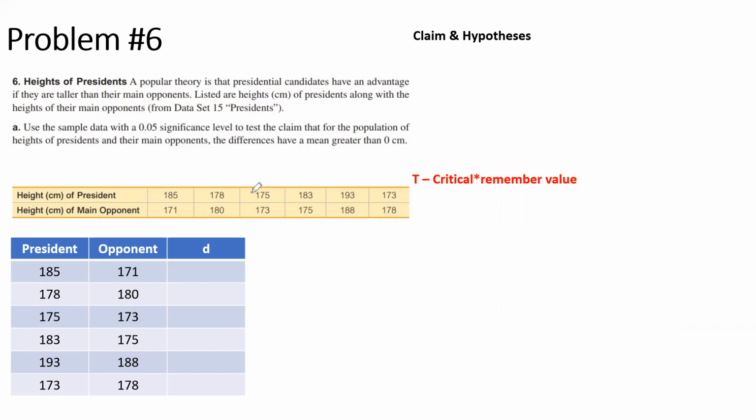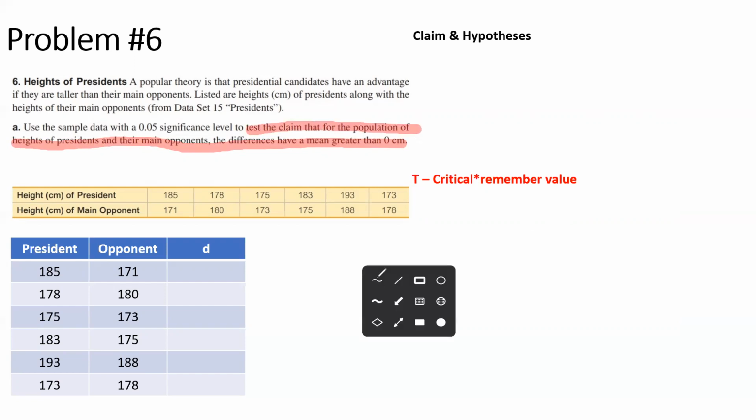The population of heights of presidents and their main opponents, the differences have a mean greater than 0 centimeters. She read right there. And the key is always right here. The word claim is even right there. I always say the claim is written in English. So we've identified the claim. Put a little check right there.